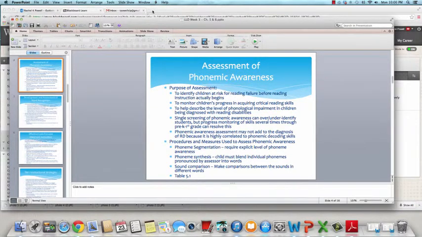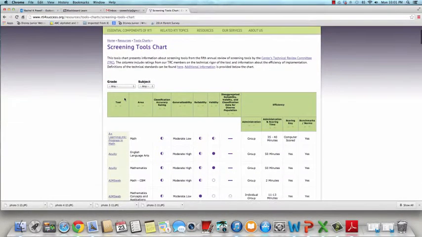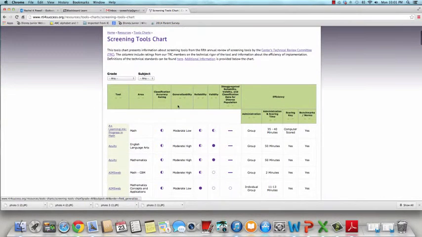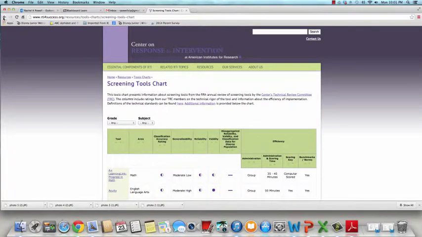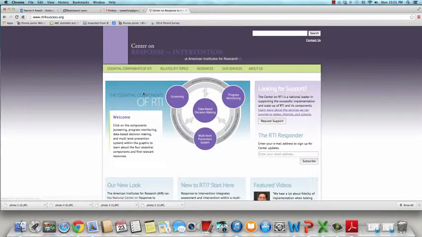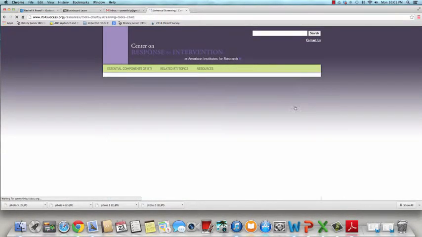I will show you. All right, this is a tool that I often use when it comes to screeners, rti4success.org. And let me go back. Let me just go to the home so you can see what I did. Essential components of reading, universal screening, screening tools chart.